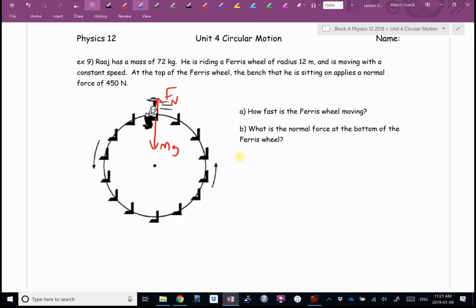So, Michael, what's my equation for part A going to be? I'm going to be bold and go v squared over r right away. Since they asked me to find a speed, I've got to get a speed in here somehow. Well, there it is.